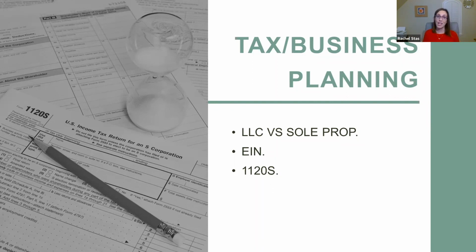But I highly recommend the LLC, not just because of getting an EIN and separating your business, but the liability protection that comes with it. But also, in order to elect to be an S Corp, which is the magic lower my taxes button, you have to be incorporated. So you have to be an LLC first, and then you elect to be taxed as an 1120S.